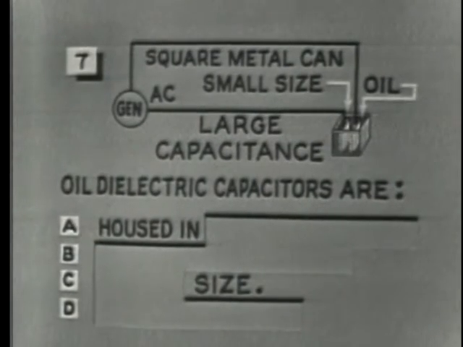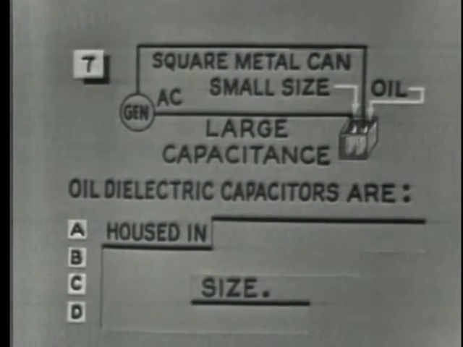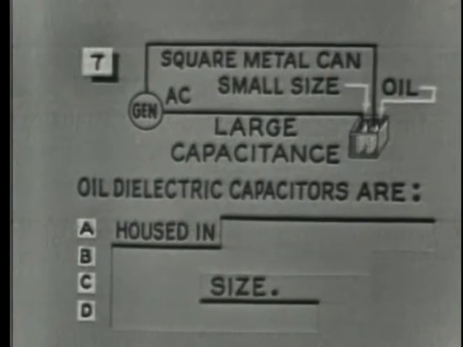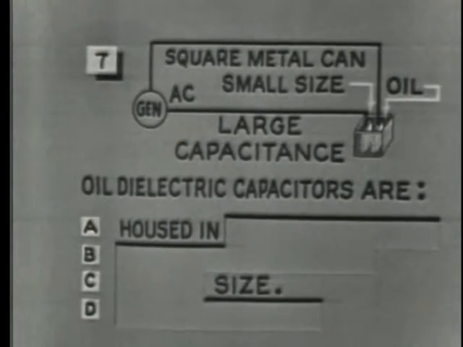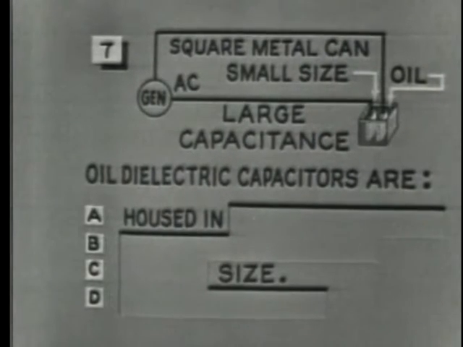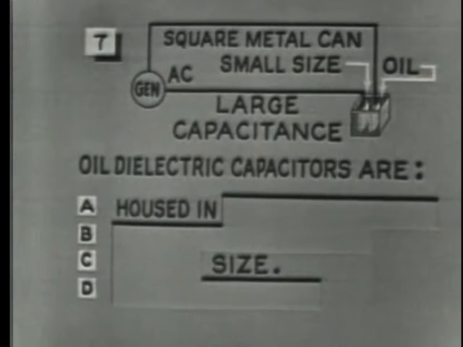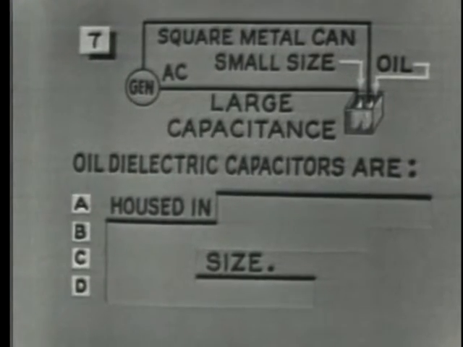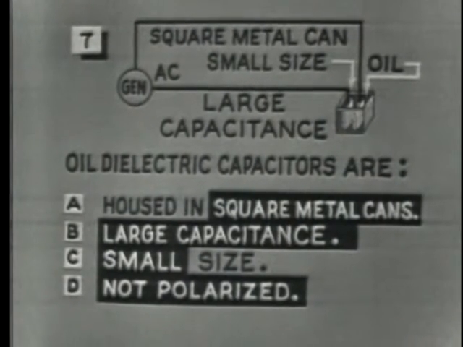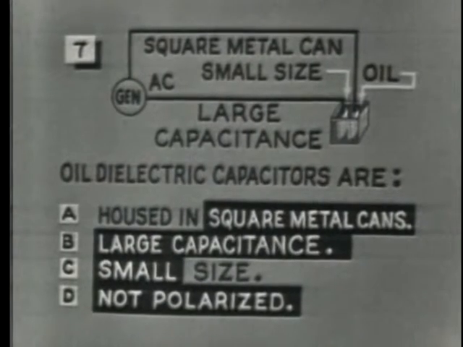Now complete number 7 on your response sheet. You should have completed the statement so that it reads, oil dielectric capacitors are housed in square metal cans, large capacitance, small size, and are not polarized.